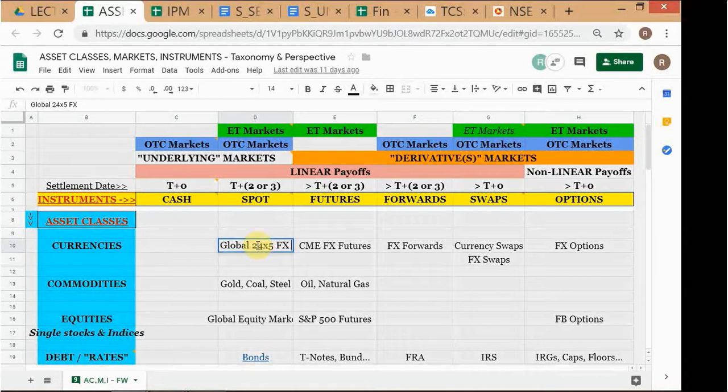I already went through this the previous day, remember? But I'm rehashing it because it's an important concept to understand how this framework works. Asset classes, markets, and instruments. At the intersection of asset class and instrument, you have the markets. I'm giving you the example for currencies, but for every other asset class and instrument combination, the concept is the same.